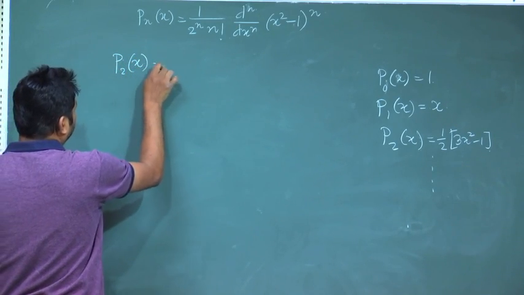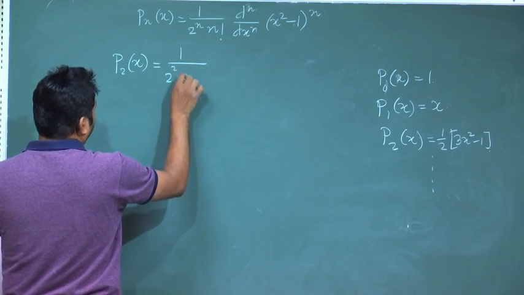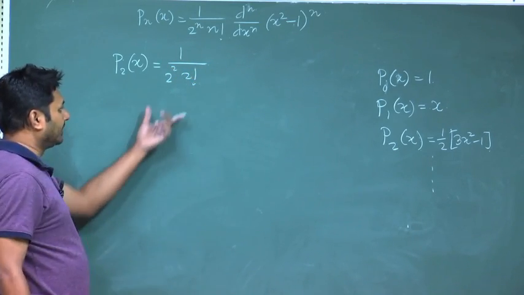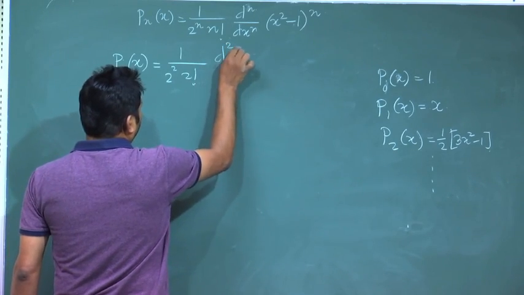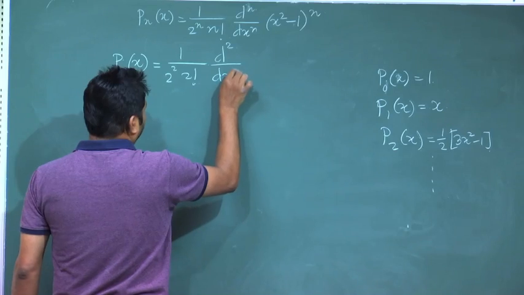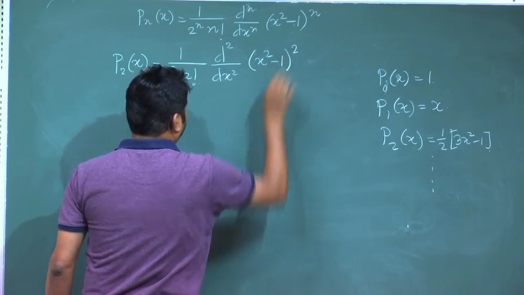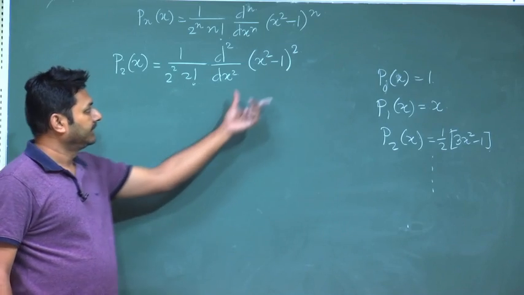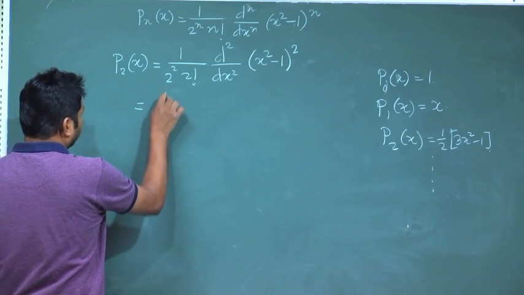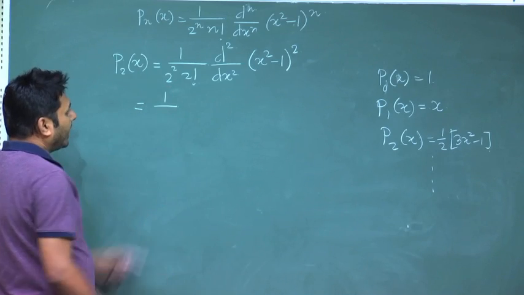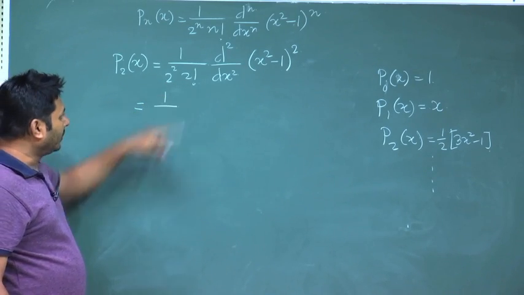How to write P2(x)? 1 by 2 to the power 2 and factorial 2, this is the initial term. Then d2 by dx squared of x squared minus 1 whole squared. In the denominator, 2 to the power 2 is 4, multiplied by 2, so it will be 8.